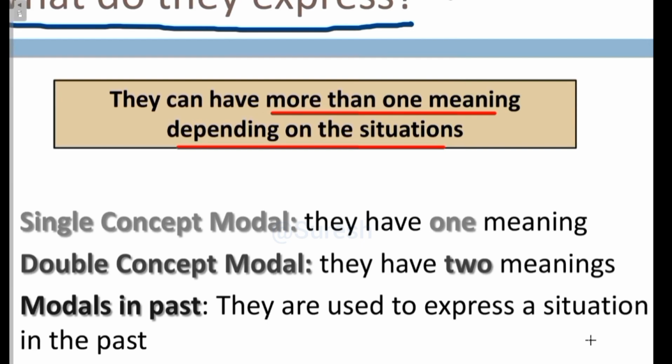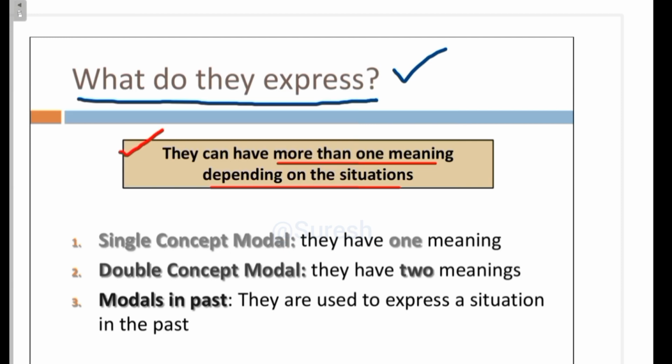Clear? According to situations, the meaning of the modal verb can be changed, right? When examples are there, I will explain it very clearly so that you will understand. If I say an example now, you will be confused. Just keep in your mind, what do they express? They express more than one meaning depending on the situation.